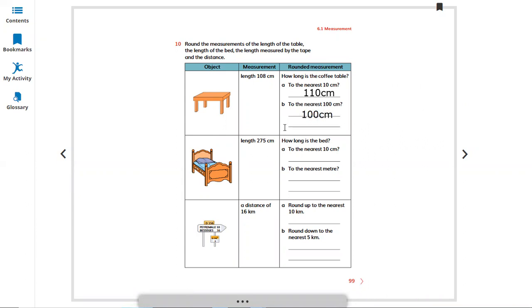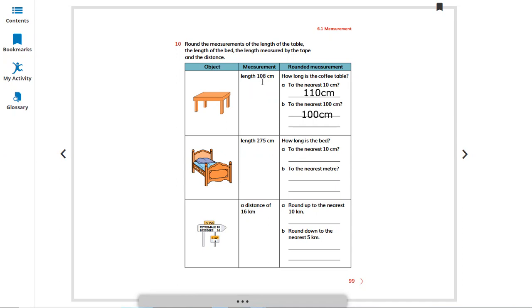When we are talking about nearest 10, we just see the last two digits, 0 and 8. If the digit at the one's place value is bigger than 4, that is 5, 6, 7, 8, and 9, then we will change the 0 into 1. This is 0, 8, it's nearest to 10. If it's less than 5, 0, 1, 2, 3, 4, we don't need to change.